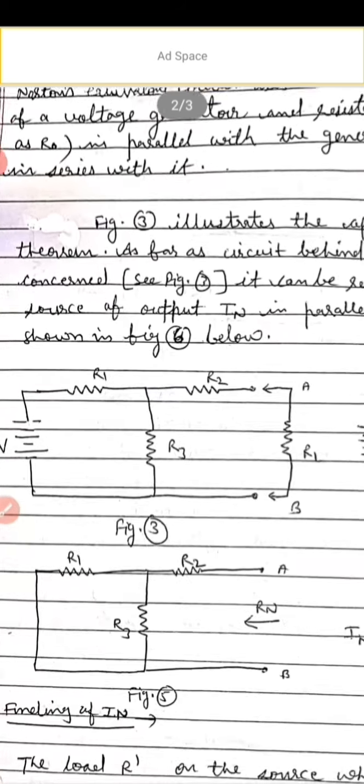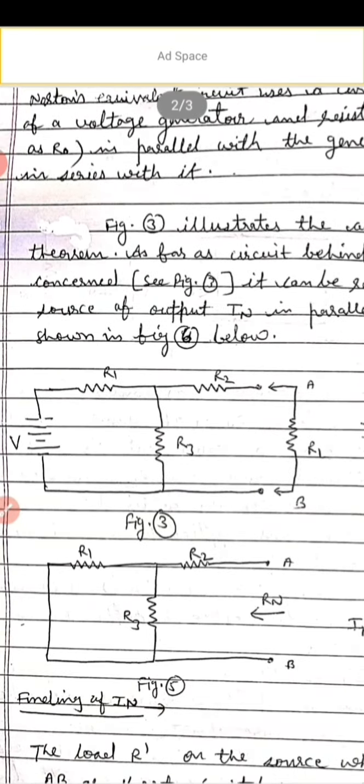Now this is figure 3, and we have to calculate both the values IN and Rn for the circuit.